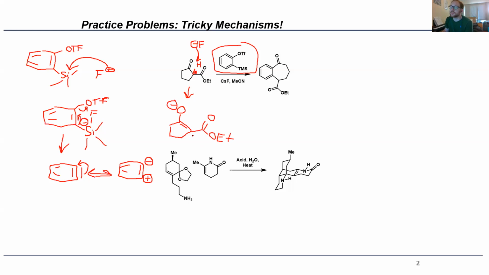We know that enolates are nucleophilic at the alpha position. And so if we push electrons like this, we can attack the cation of benzyne. And so that would get us to an intermediate that looks like this.